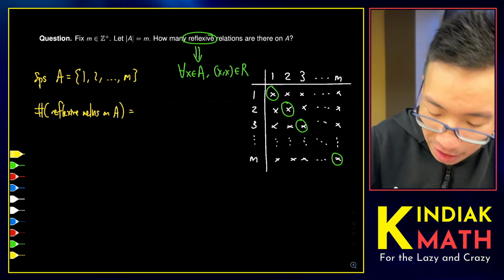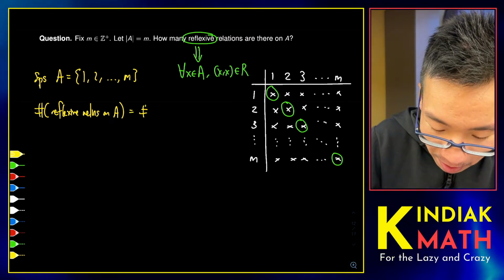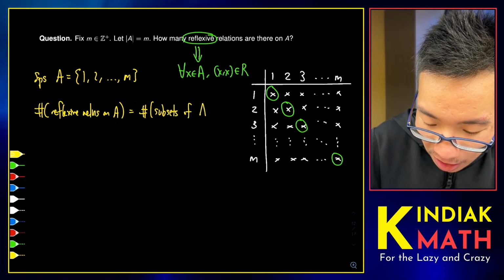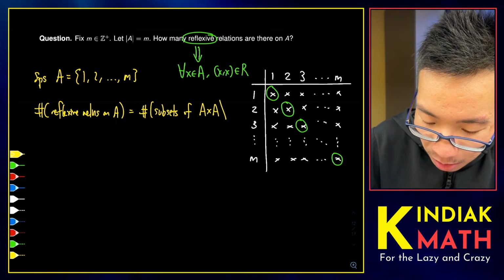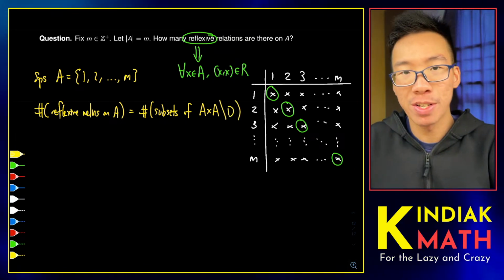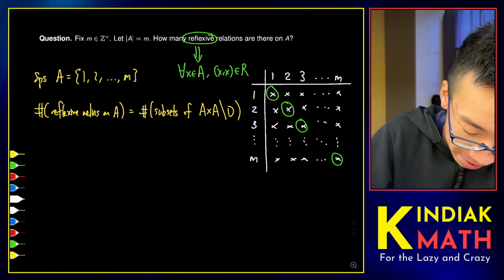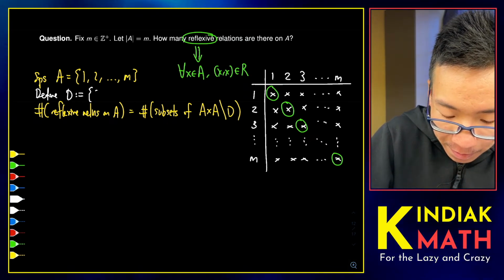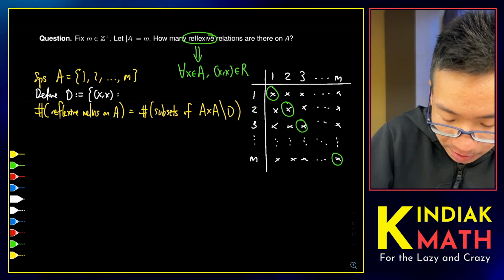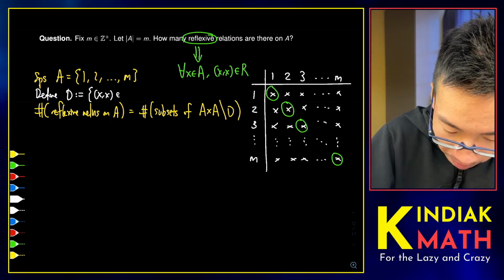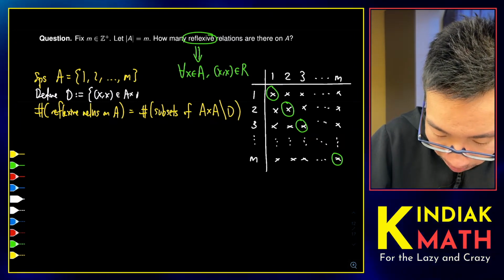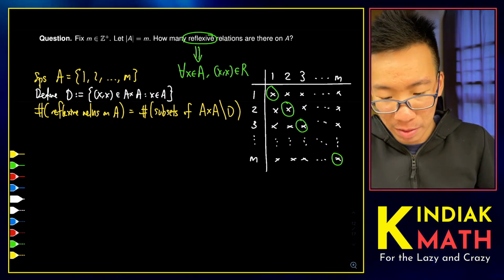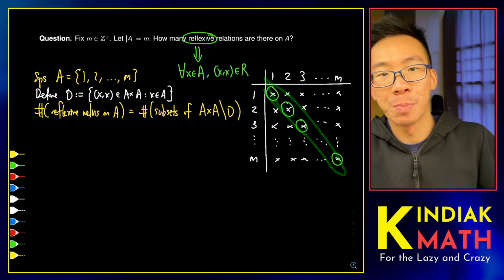So the number of reflexive relations is basically the number of subsets of A cross A excluding the diagonal. So let me just quickly define the diagonal here. Define D to be the diagonal formed by this particular diagonal, right?